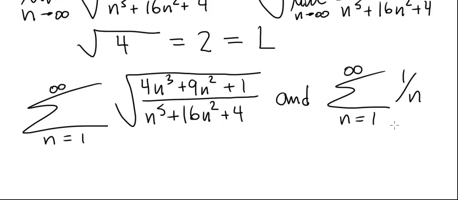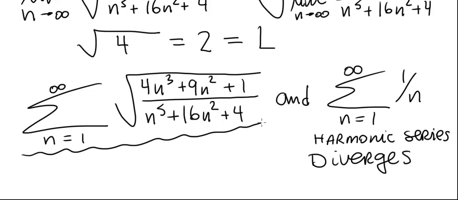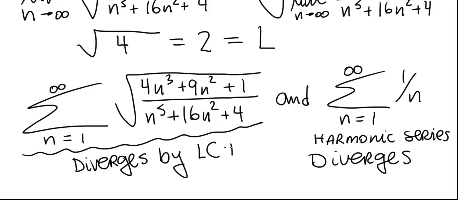Since the series n equals 1 to infinity 1 over n, that's the harmonic series, and we know that this series diverges, so does our series here. So this series also diverges, and we can state that it diverges by the use of the limit comparison test.